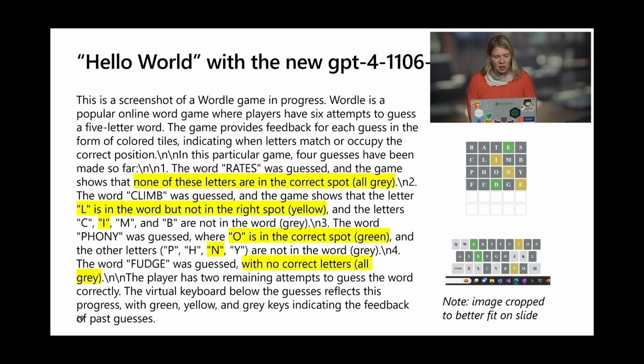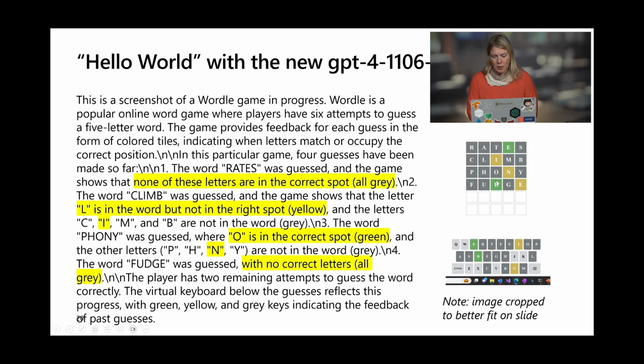Taking a look, the elements that I've highlighted in yellow are incorrect here. It says on the first word that none of these letters are in the correct spot, and there is in fact a green E, so that's not correct. It got the L and the I mixed up in the second word. It says L is in the word but not in the right spot, but in fact that's the I, which is right next to it. The word phony was guessed. It says that O is in the correct spot, and it is not.